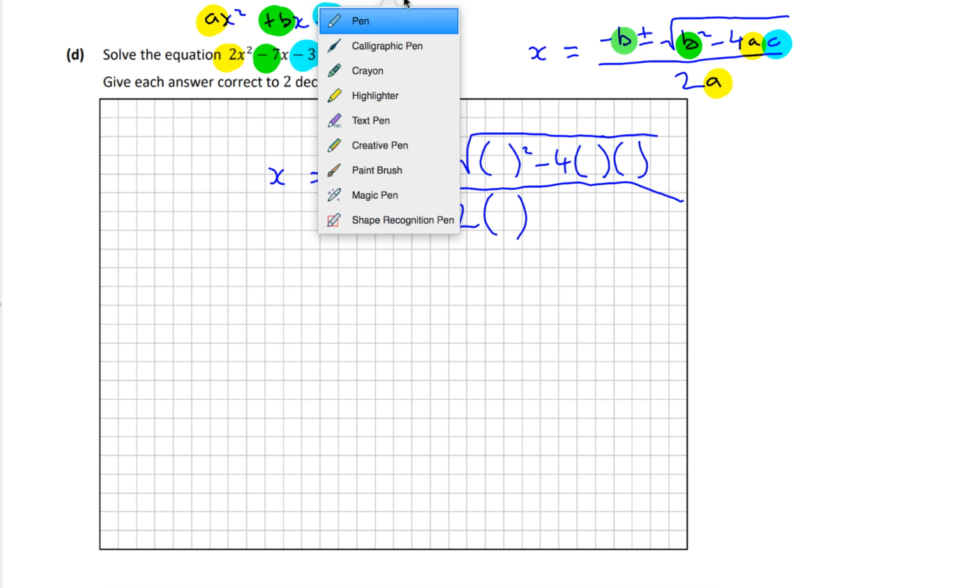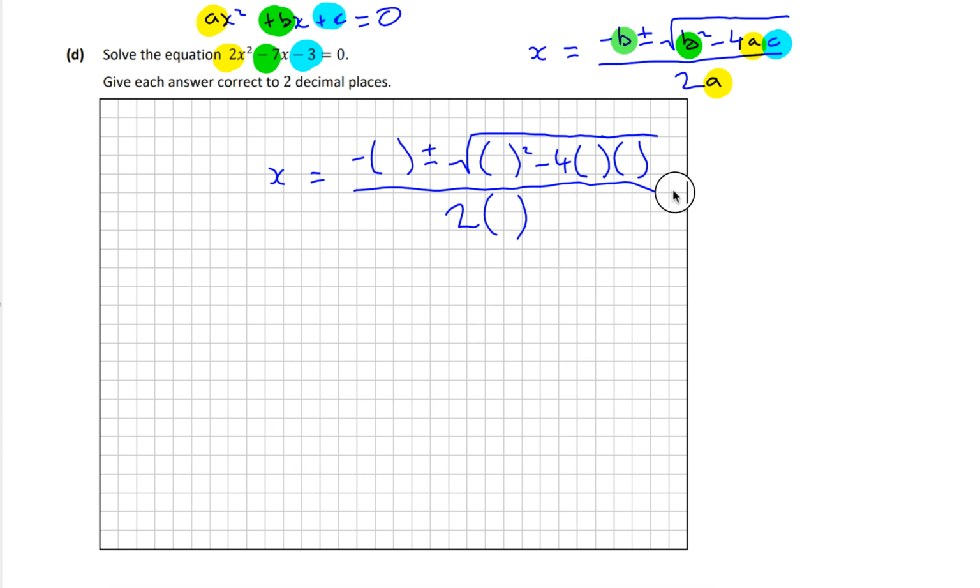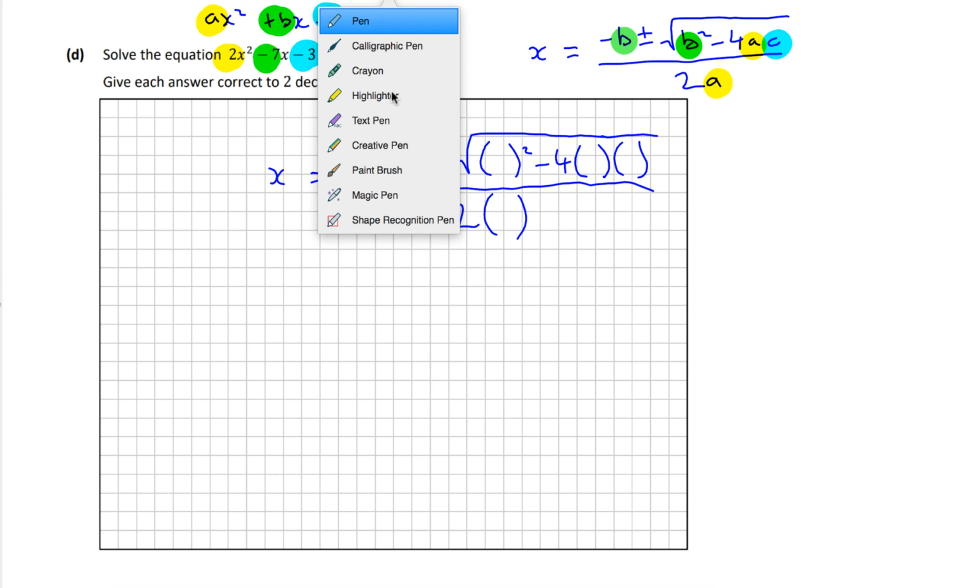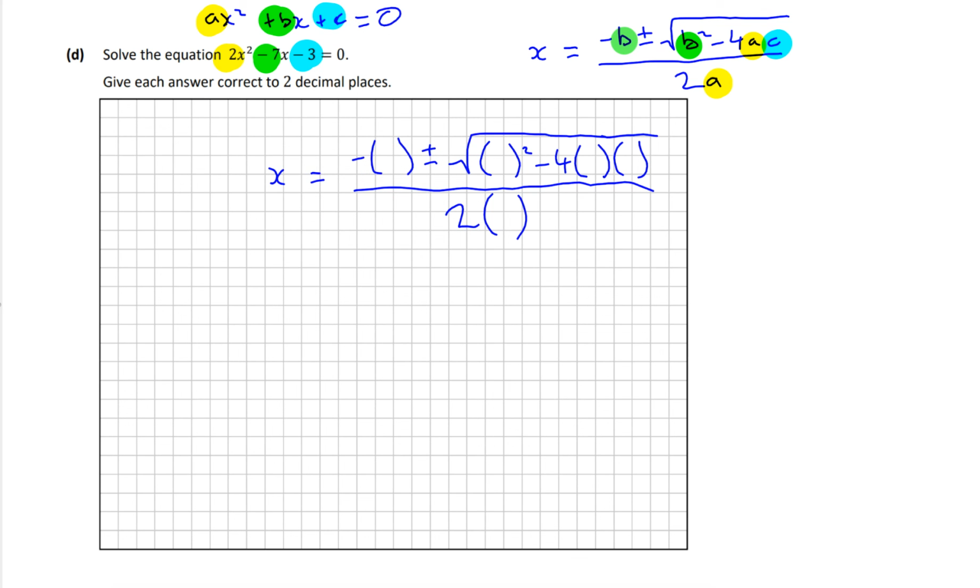So you'll notice there the way that I replaced each letter with an empty bracket. This is good practice to do it this way. And now I'm going to put my numbers inside the brackets, right? So my a value will go here and here, my b value will go here and here, and my c value will go there.